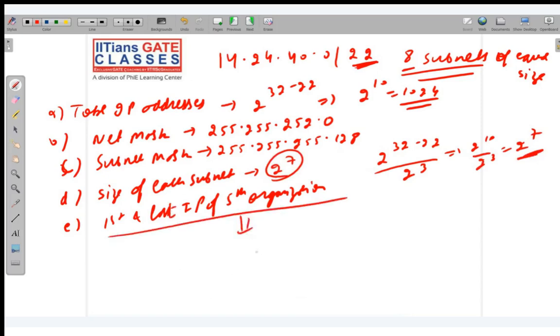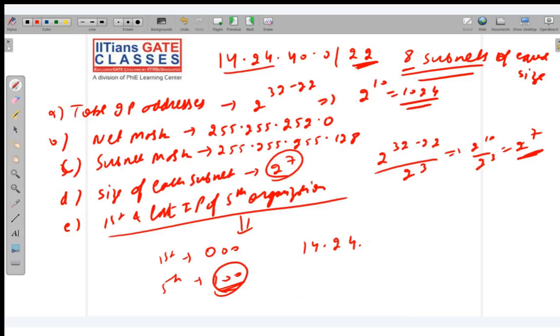What do you mean by 5th? Now you have borrowed 3 bits. 000 is for the first organization, so for the 5th organization it will be 100. Now the question is from where these 3 bits will be borrowed. The first 2 octets of 14.24 are done, and then the third octet.